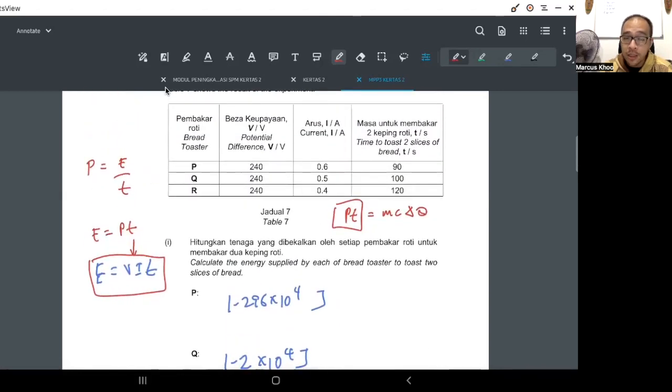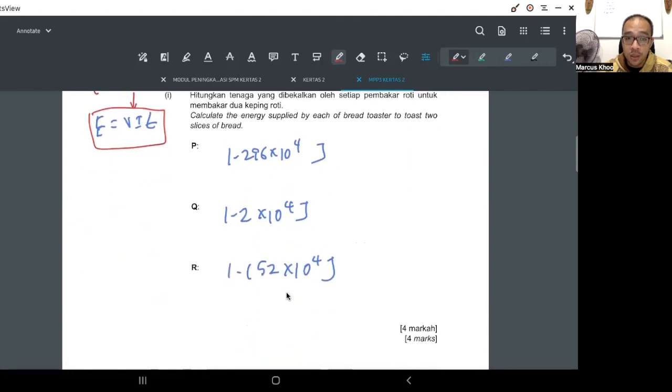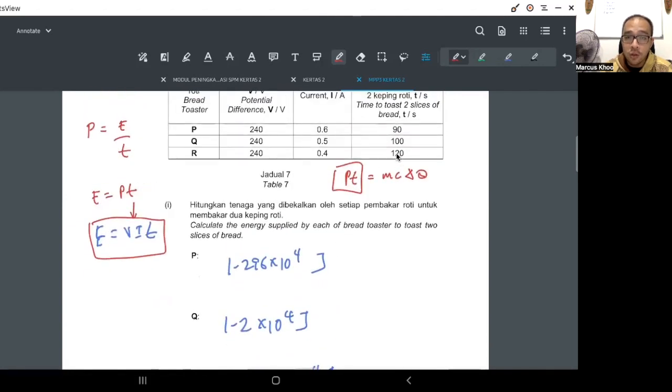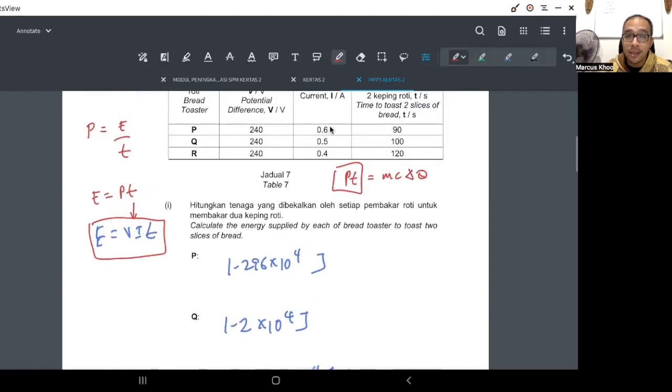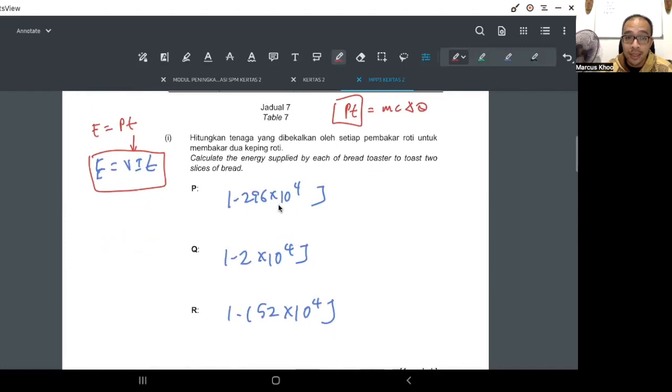The potential difference is the same, it's just that the current they're using is different, and the time you use to toast two slices of bread is also different. We find that the bigger current has a shorter time, the smaller current has a longer time. But when we look at the energy being used, even though you use a longer time and a smaller current, you use much less energy than the one with much more current but faster, which is 1.296.